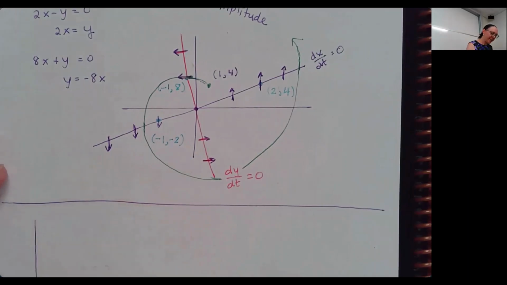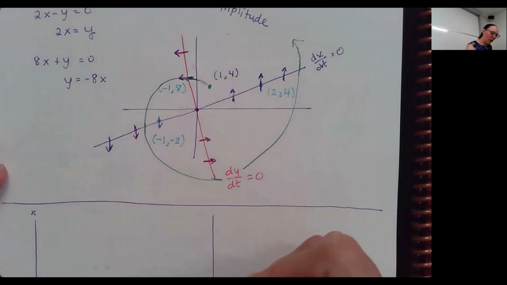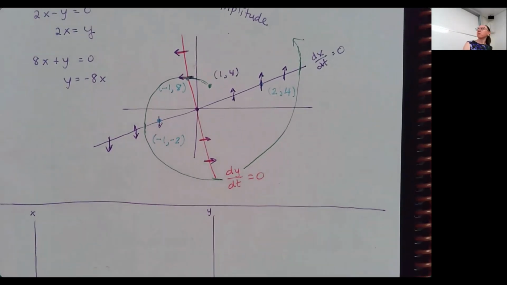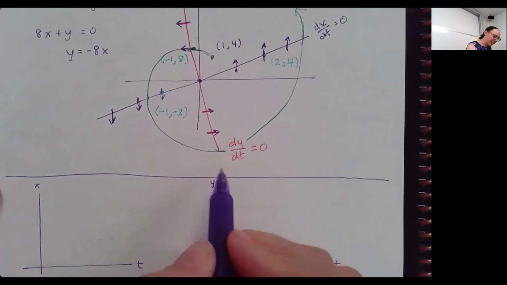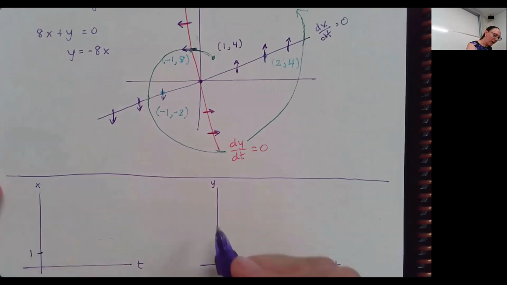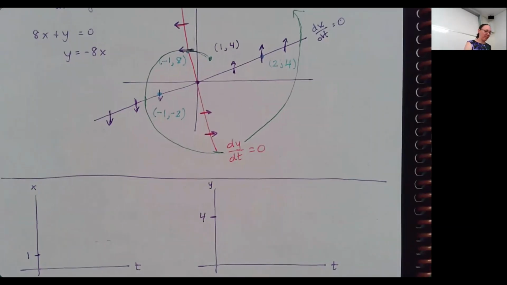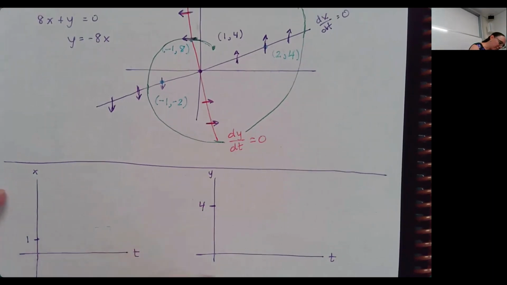If I needed to sketch what was happening for X and Y over time, based on that, my X started at 1, my Y started at 4. And both of these are gonna have some kind of oscillation behavior. So if I think about this, I didn't really give myself enough space here.